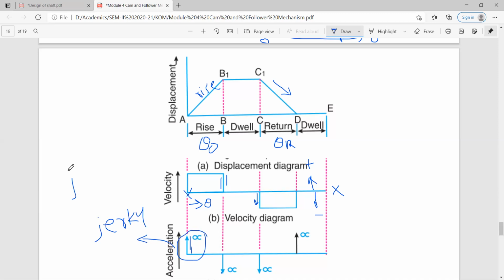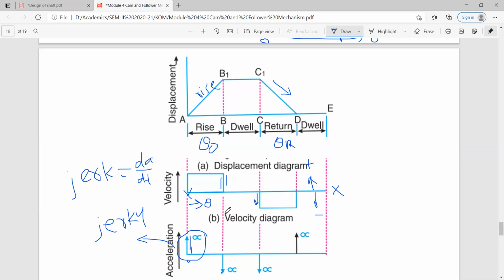And what is the definition of jerk? It is the rate of change of acceleration with respect to time. So here you can see in no time the acceleration goes from 0 to infinity. Time is again 0. So jerk will be present in the operation. The operation of cam and follower will be jerky, not smooth.